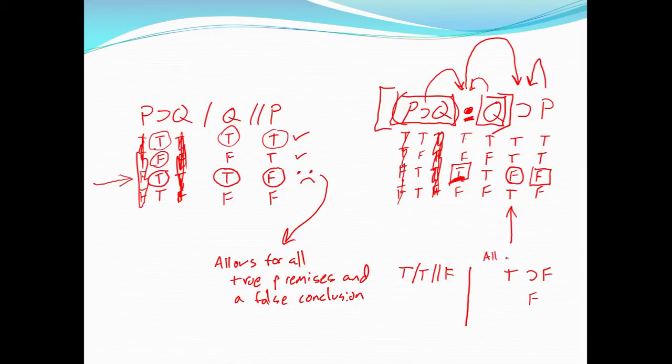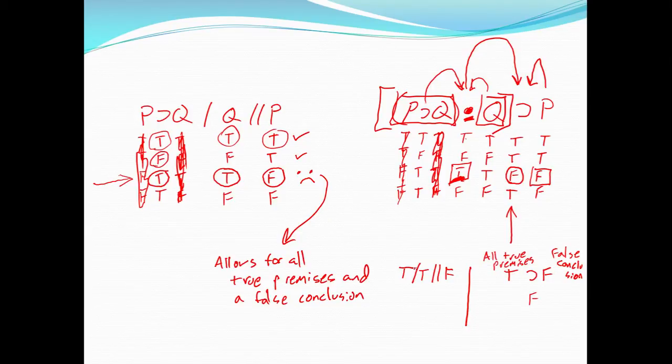So a true antecedent means all true premises. And then if you have a false consequent, that's going to be a false conclusion. So your false conclusion is your consequent, your true premises is your antecedent.